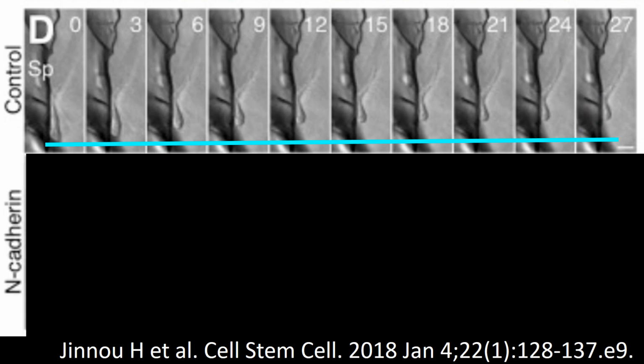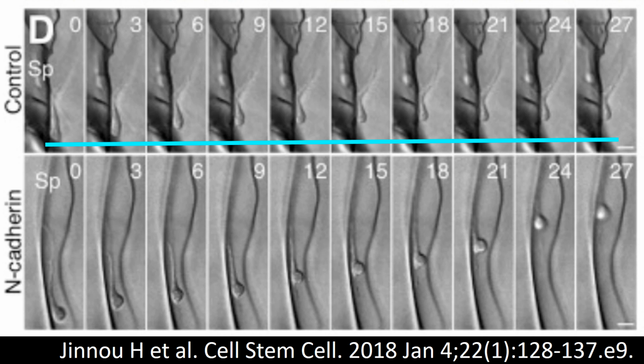Now, a similar neuron was photographed after adding cadherin to the medium. As you can see here, the climbing neuron moves with a rather fast speed up and up towards the pia.